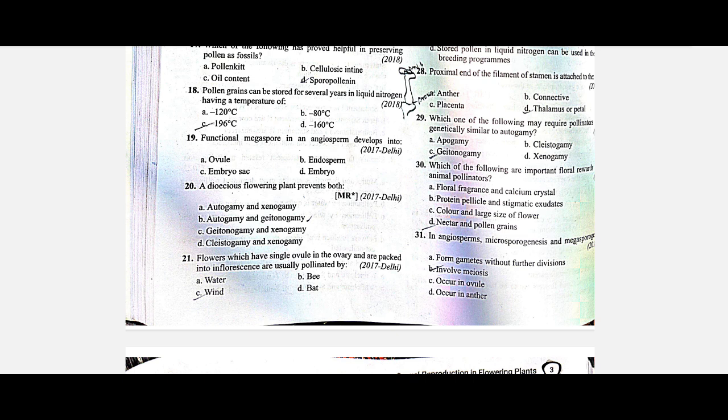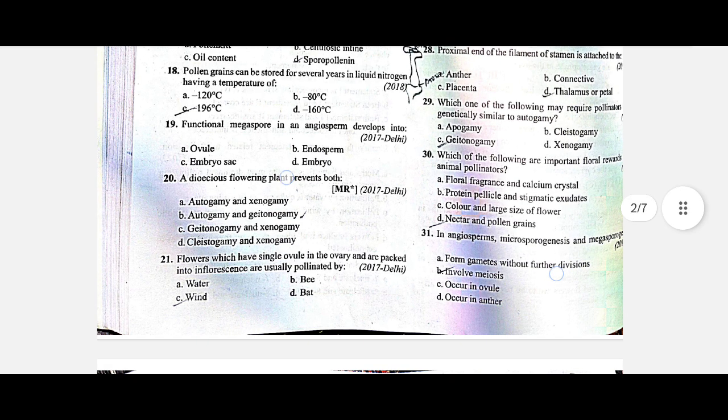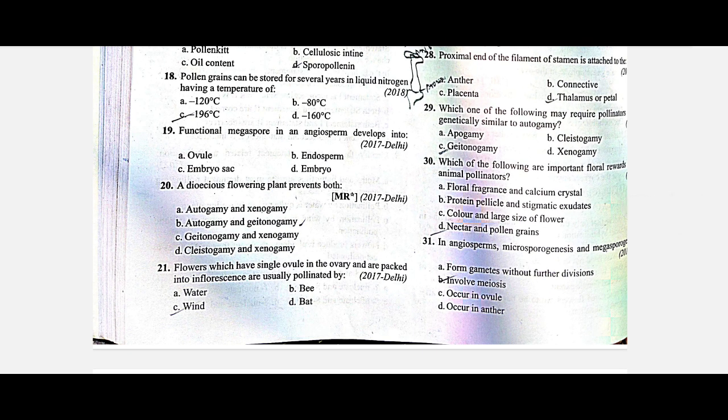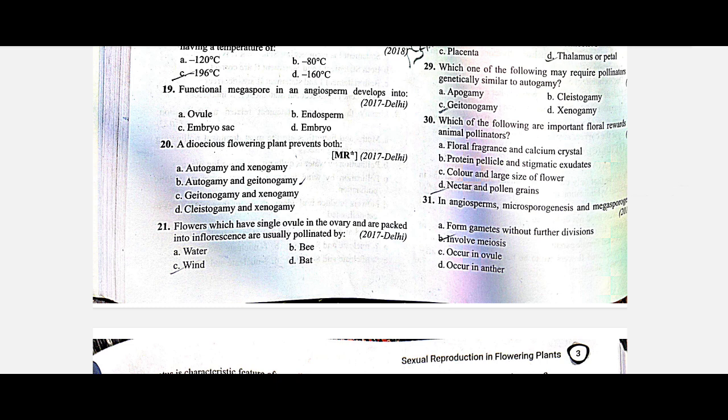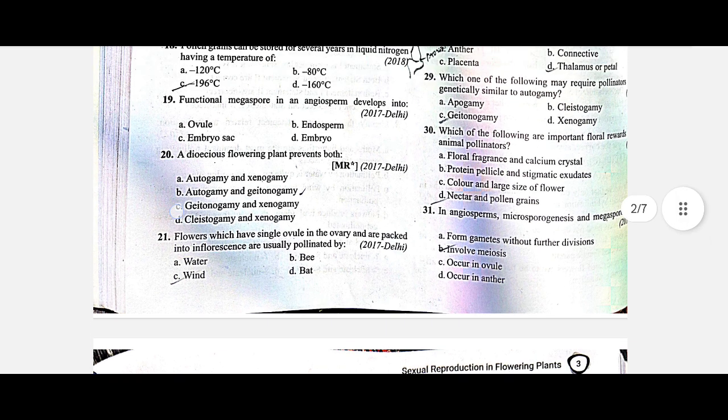Floral fragrance, calcium crystals, protein pellicle, stigmatic exudates, color or large size of flowers. Then option number D is correct, nectar and pollen grains. Question number 31. In angiosperms, microsporogenesis and megasporogenesis involve meiosis. This is the answer. Okay.